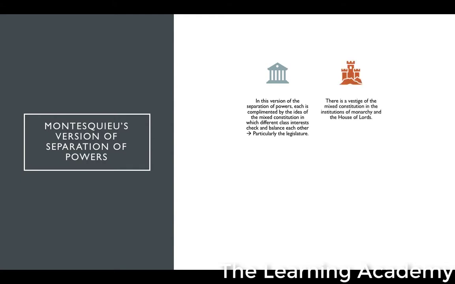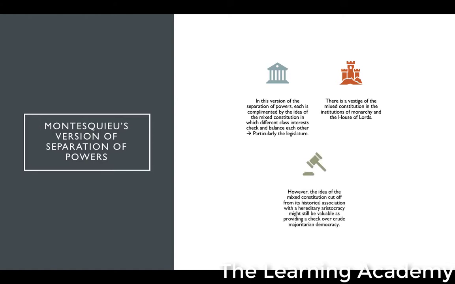Okay. What about other versions of the separation of powers? Well, there's the famous French political philosopher Montesquieu's version, which states that each branch of government is complemented by the idea of what we call a mixed constitution, in which different class interests check and balance each other. And this is particularly the case in the legislature. From the perspective of modern day UK constitutionalism, a mixed constitution can be found in the institutions of the monarchy and the House of Lords.